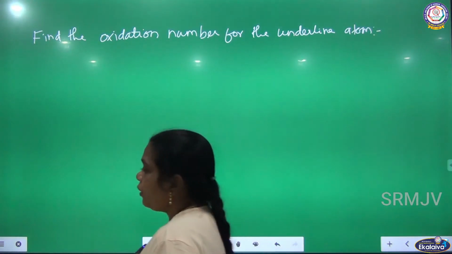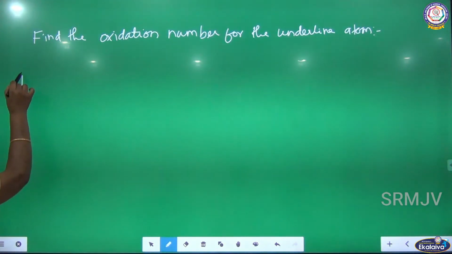So now you want to find the oxidation state for the underlined first one.